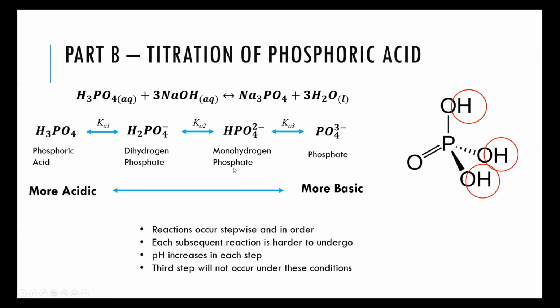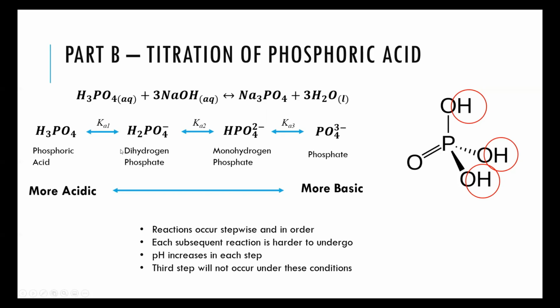When you look at this curve, you can treat it as two separate titration curves. And you can look to see, based on that curve, look at your data, look at your graph, what is the equivalence point of this equilibrium, phosphoric acid going into dihydrogen phosphate, and what is the equivalence point of dihydrogen phosphate going into monohydrogen phosphate.